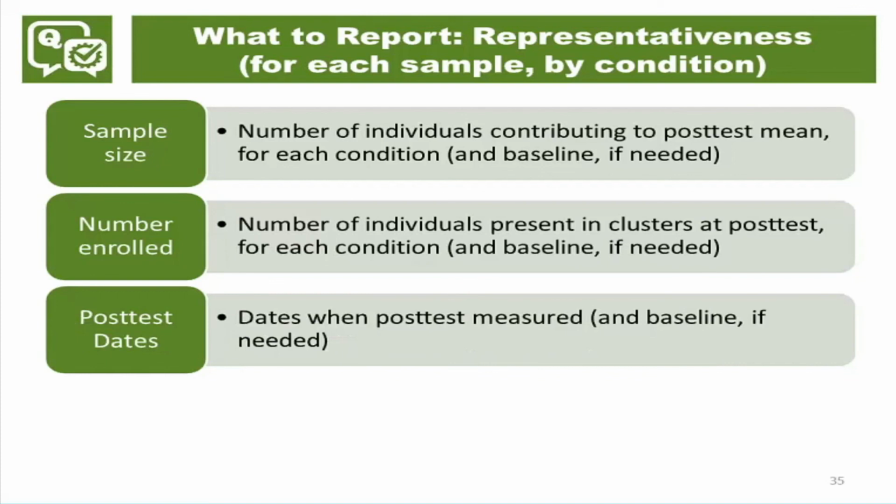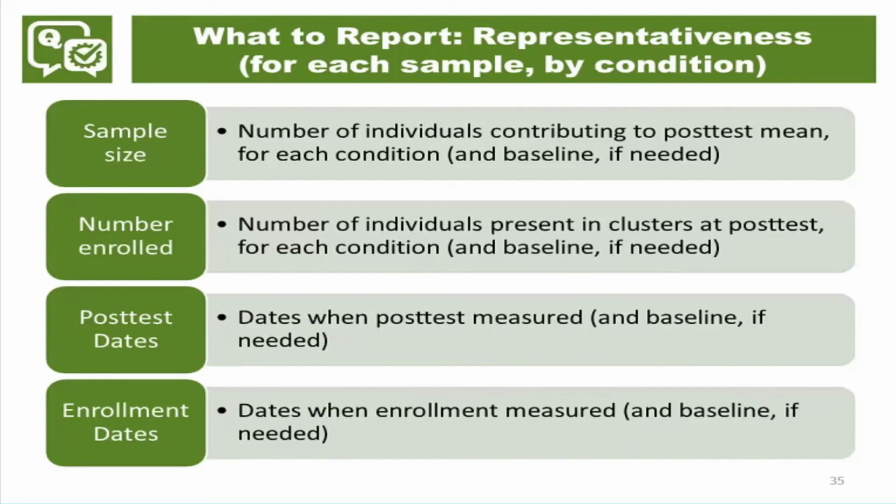You will need to report the date that the post-test was measured for the intervention and comparison groups, and also for baseline if you're reporting representativeness for the baseline sample, and the date when post-test enrollment was measured, or when baseline enrollment was measured if you need to report representativeness.